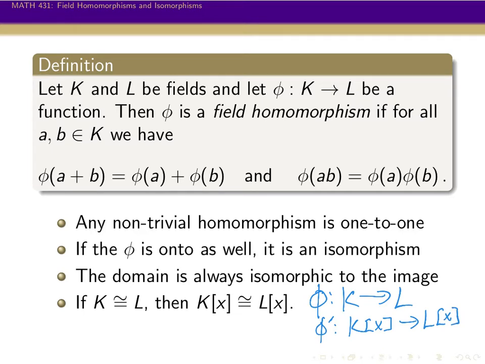Phi prime of f of x is the image of a polynomial f of x, where you just send each of the coefficients through phi. So this is going to be phi of c0 plus phi of c1 x plus up to phi of cn x to the n. This homomorphism is just sending each of the coefficients to their images.